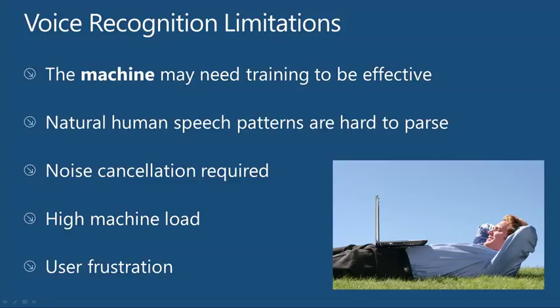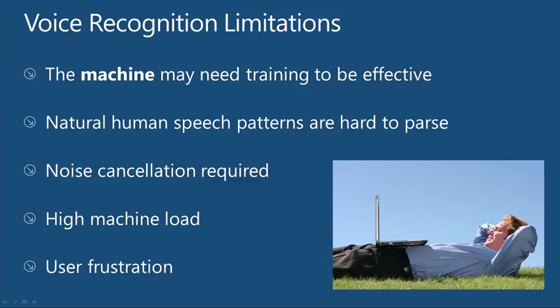Everyone's busy. Everyone's doing stuff. So the machine has to be able to remove that noise, and it's noise because sometimes that noise might be required as well, because of course it may not be just that one user who wants to talk to the machine. It may be several in the room. So that brings into play big data, large machine loads, and currently it takes quite a hefty machine to be able to do all this stuff.